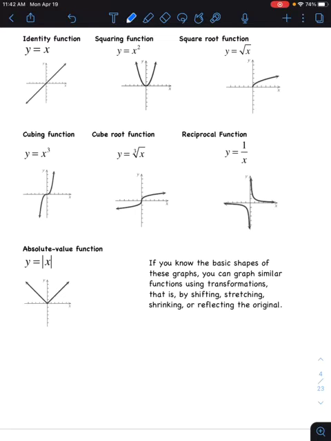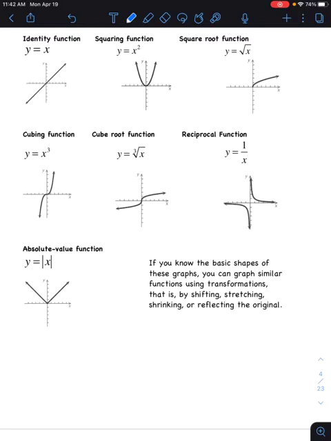The fourth one is called the cubing function, y equals x to the power of 3. Cube root function, y equals the cube root of x. The reciprocal function, which actually has two sections to it, that's 1 divided by x. And the absolute value function, which you guys learned in Algebra 1. It is the one that forms a V opening up or down.